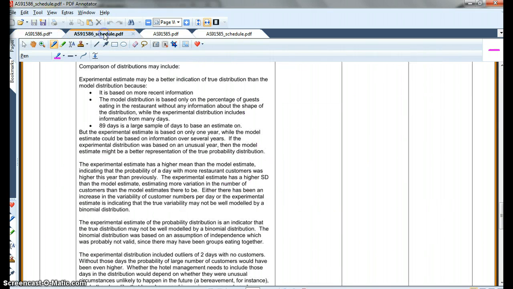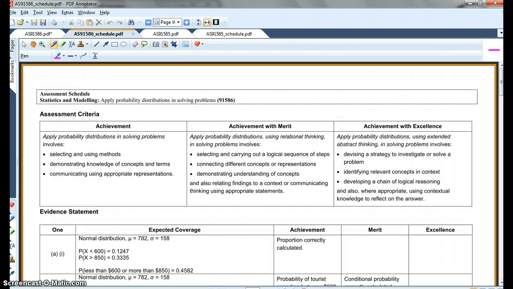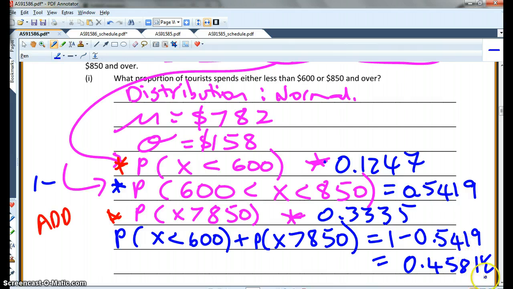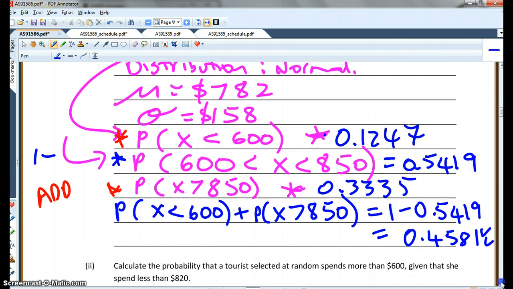Yep. Checking the schedule. Okay, so we've got 0.4582. So this one they added the 2, but you could have gone 1 minus, and that gives you achieved for question 1.